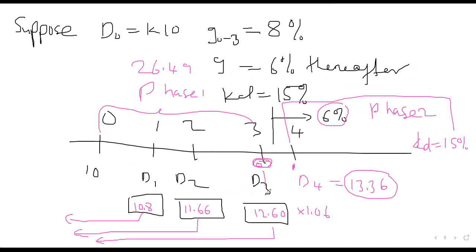So at this point, we're going to have 190.86. So we need to calculate this value to now. So we need to discount it 3 years backward. The way we're doing with these figures is to calculate the value of stock now.